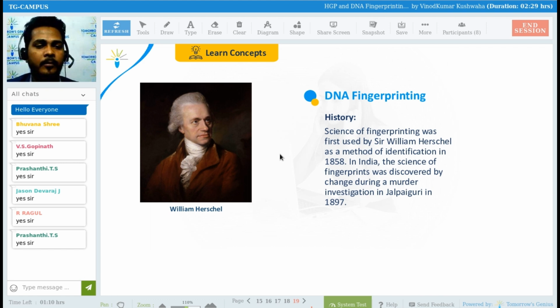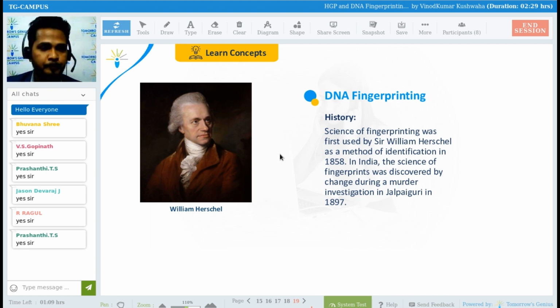Okay, so now let's start and focus on DNA fingerprinting, which is very important. Let's go a little bit into the history, how DNA fingerprinting started, or what exactly it means.